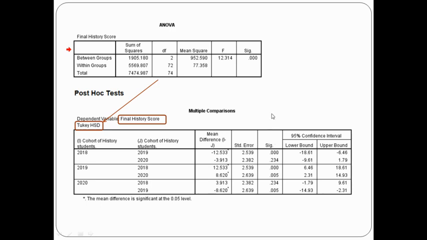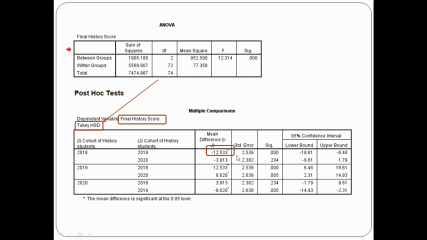As you can see, on average, the 2018 cohort performed 12.53 points lower than the 2019 cohort. As you can see here, 2018 cohort mean score minus 2019 cohort mean score. So this is huge.